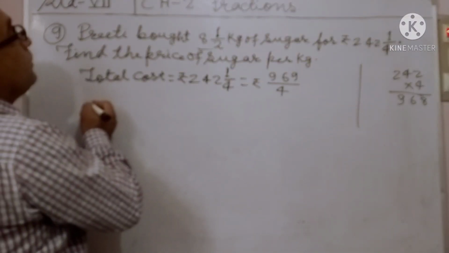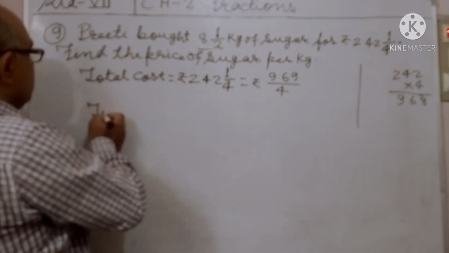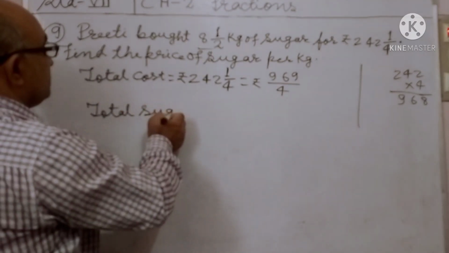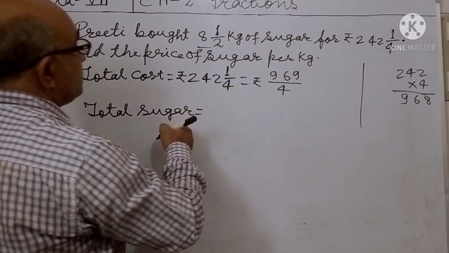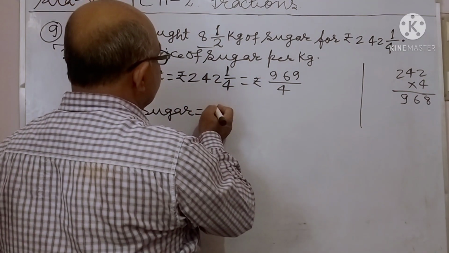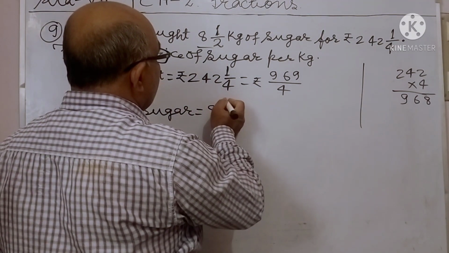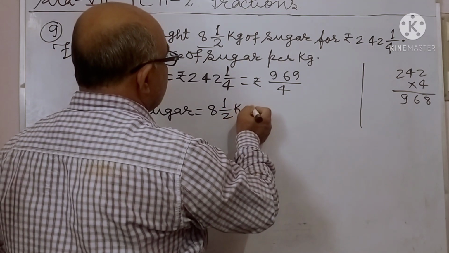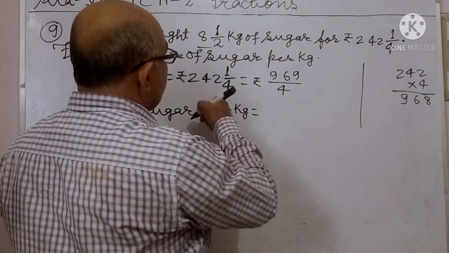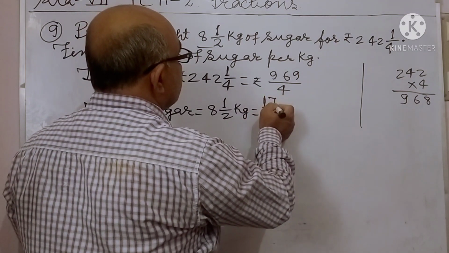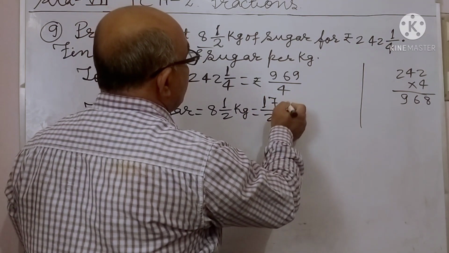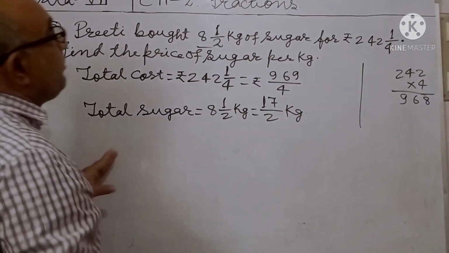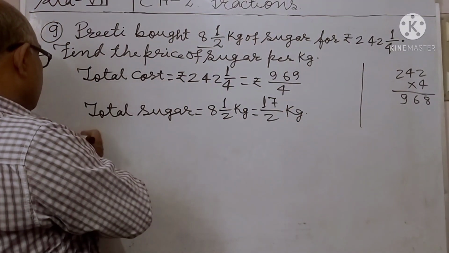Total sugar, 8 whole 1 by 2 kg, equal to 8 times 2 is 16 plus 1, 17 by 2 kg. Find the price per kg.